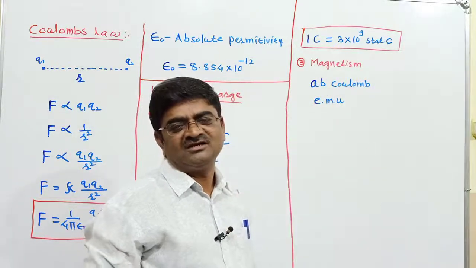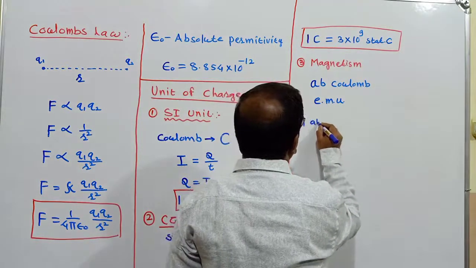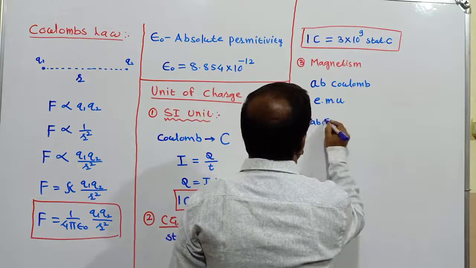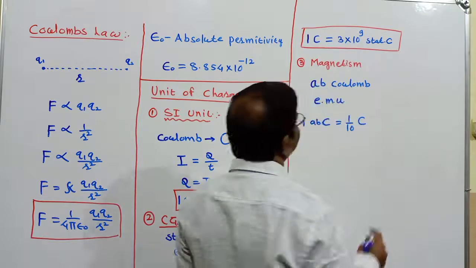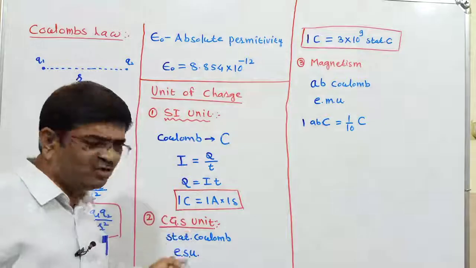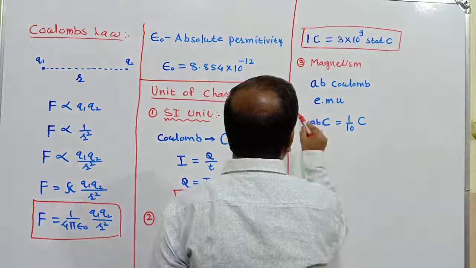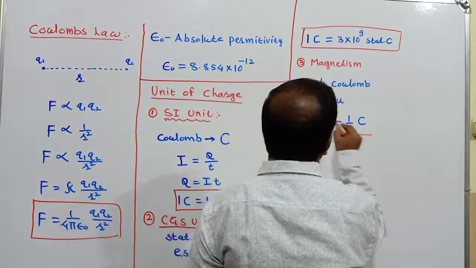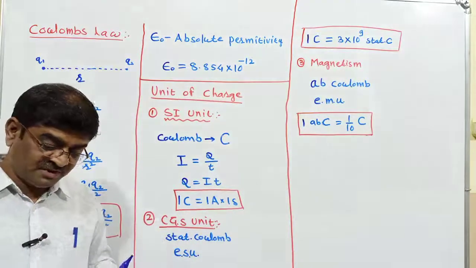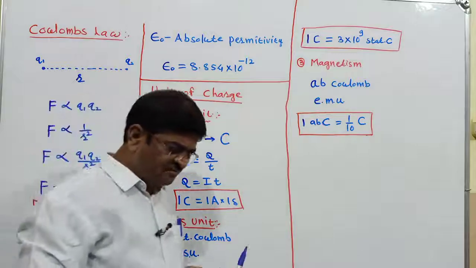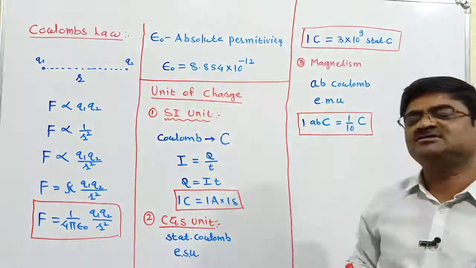And for your information, 1 ab coulomb is equal to 1/10 of a coulomb. Like the relation between coulomb and stat coulomb, if you are interested to know the relation between coulomb and ab coulomb, you can remember it in this way. So these are a few important things in connection with the unit of electric charge.